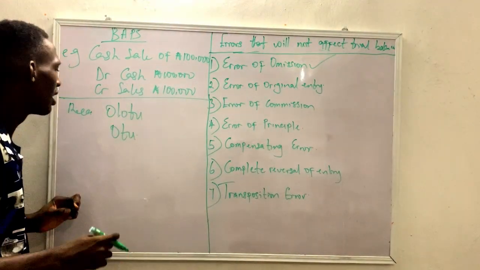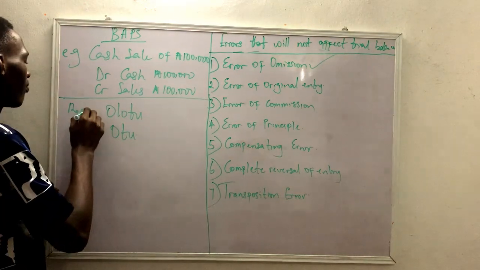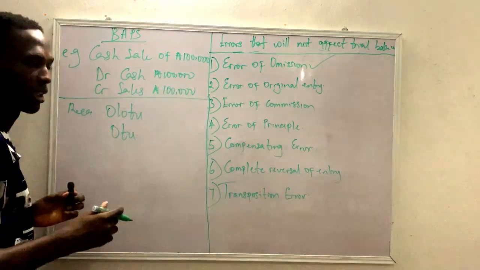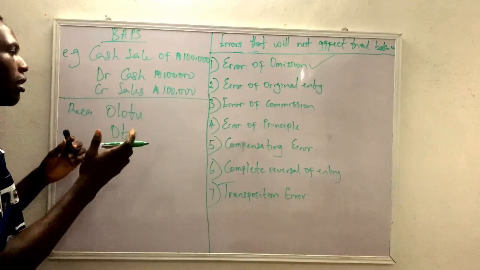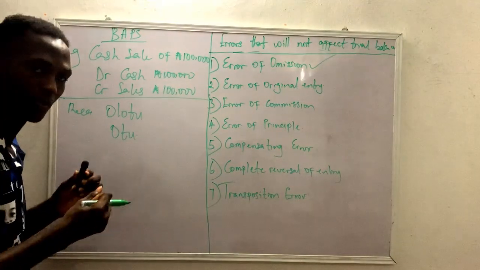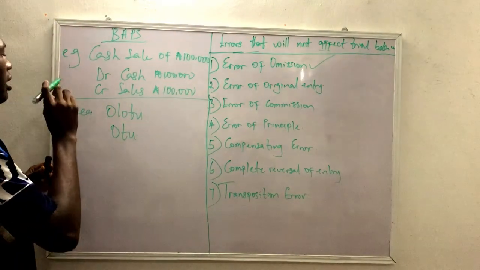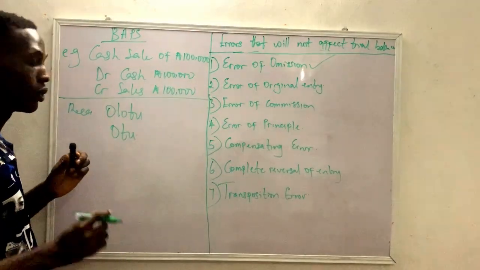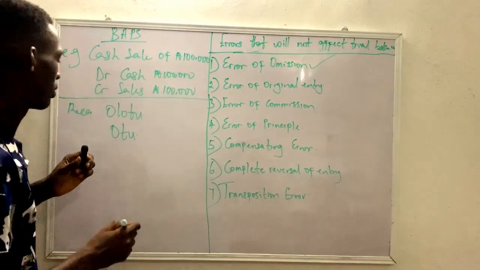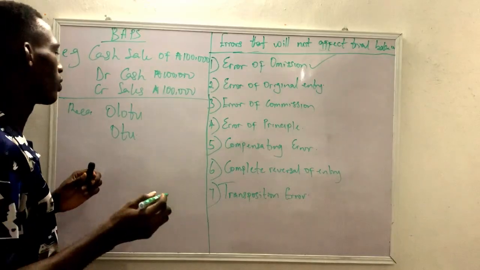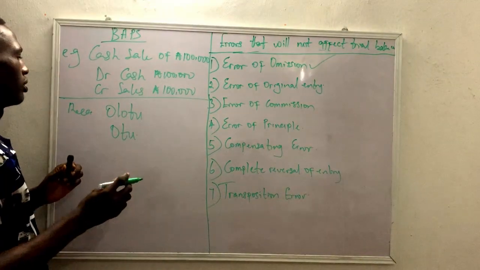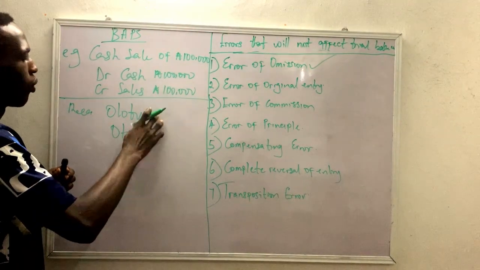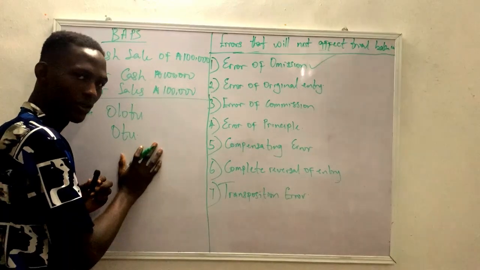Receivables. You understand? Let's assume you received cash. I don't write too much because I want to make this as brief as possible so you can understand it. Received cash of 20,000 from Olotu. You can try to write in your notes if you have them. Received cash of 20,000 from Olotu was recorded in O2's account.